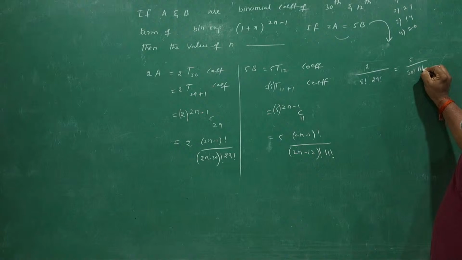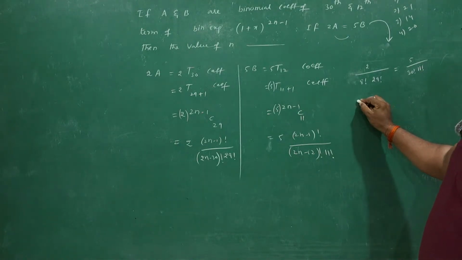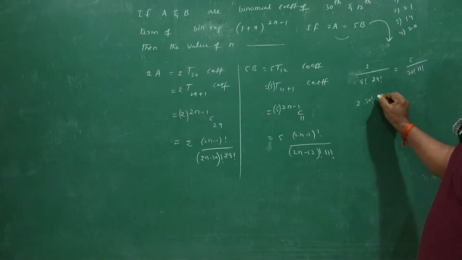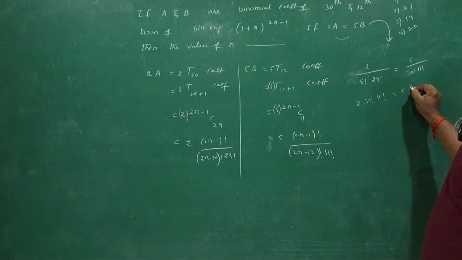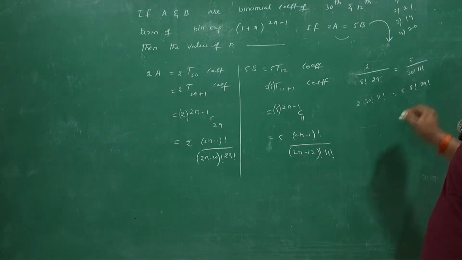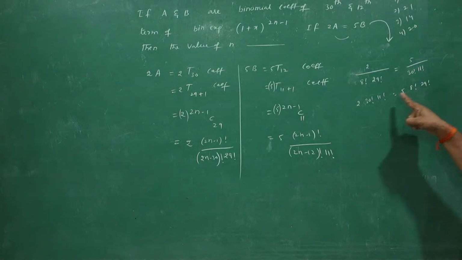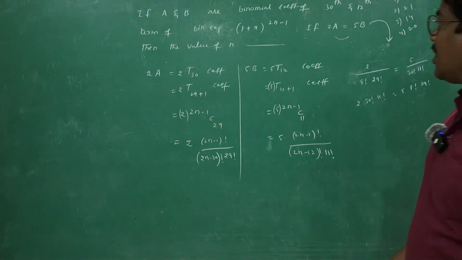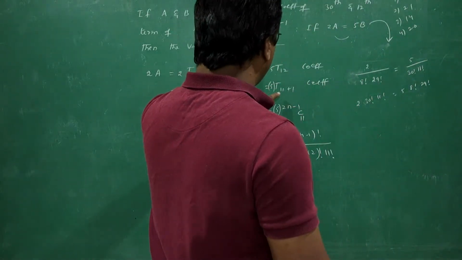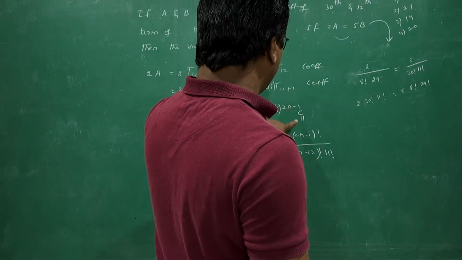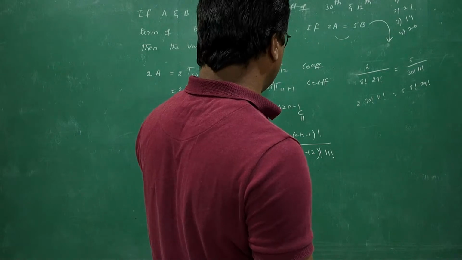Next, 11 factorial. Just cross multiply them. 2 times 30 factorial, 11 factorial. Next, 5 times 8 factorial, 29 factorial. Here it is more. Here also it is more. Let me cross check whether it is 12. Yes, 2n minus 1 minus 11, 2n minus 12 exactly.